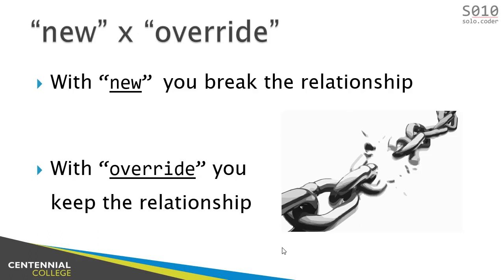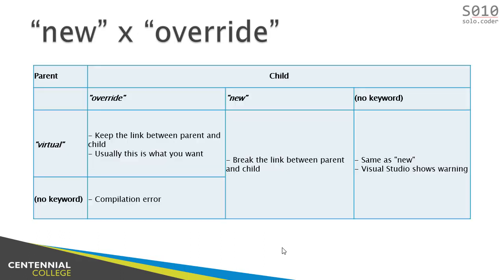But again, not going to do it today. I'm just going to leave a cliffhanger for next class. So you come to next class just to see that. With override, you are keeping the link between the parent and the child. And again, you're going to see what this link is all about next class. But keep this table handy for you.